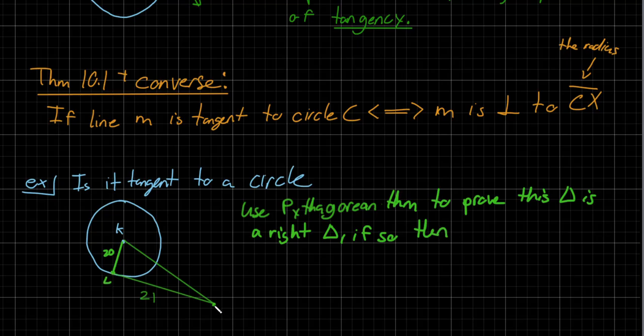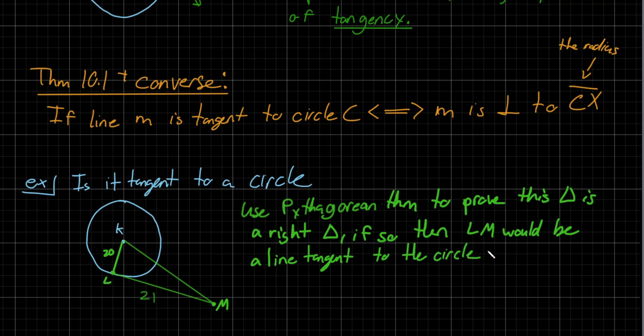This would be L and this would be M. Then LM would be a line tangent to a circle. Okay, Kevin gave us the foundation of this problem. Go ahead, test it out. See if it's truly a line of tangency.